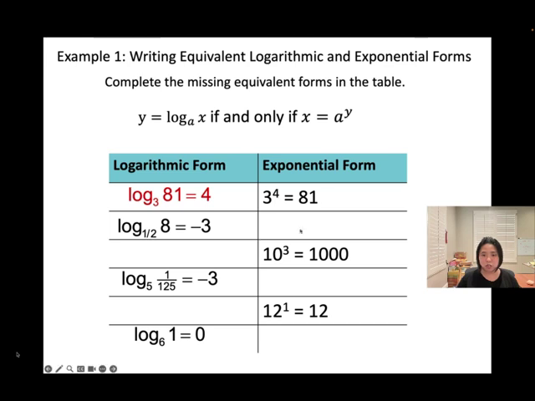Okay, I want you to try. For the second one, they give the log form here, and I want you to write it in exponential form.